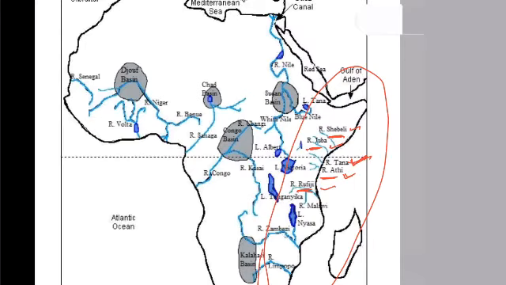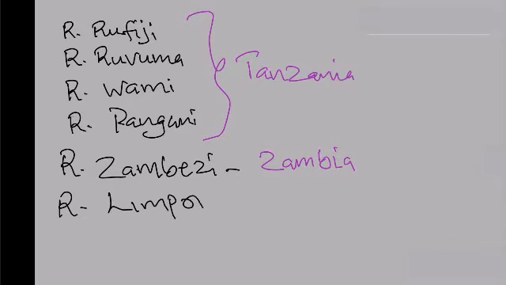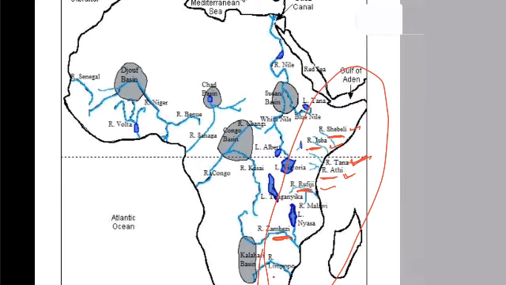Yeah, that is where it's majorly found. And then finally in that list, we have River Limpopo. So River Limpopo is found in South Africa, another major river that drains its water into the Indian Ocean. Of course, looking at the location and the position of those rivers, you can be able to tell which river drains its water where.